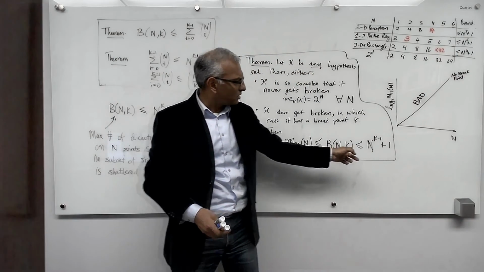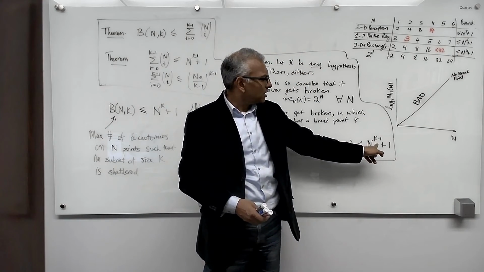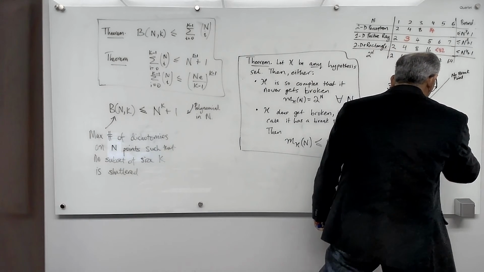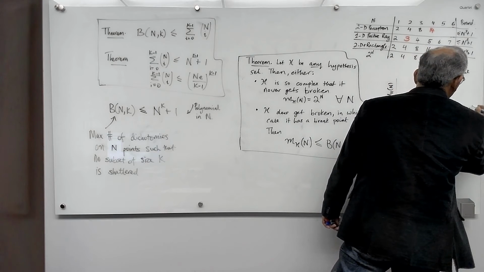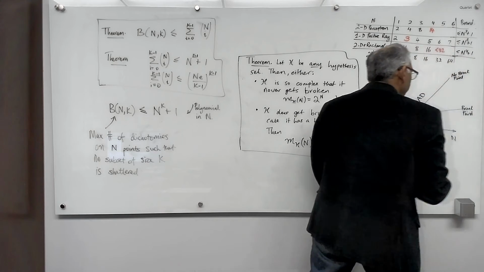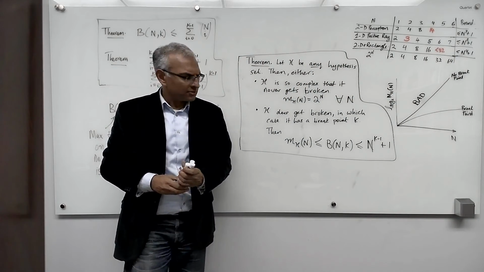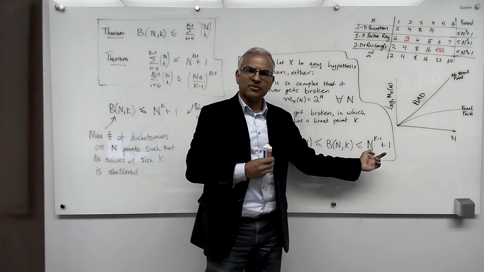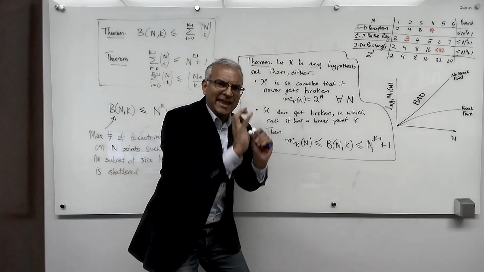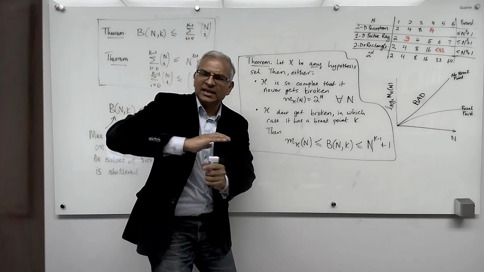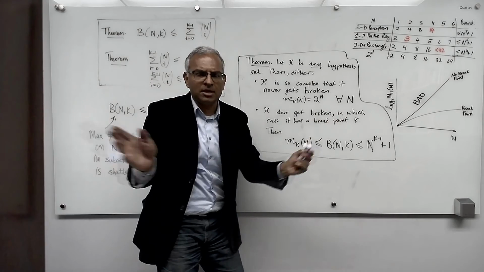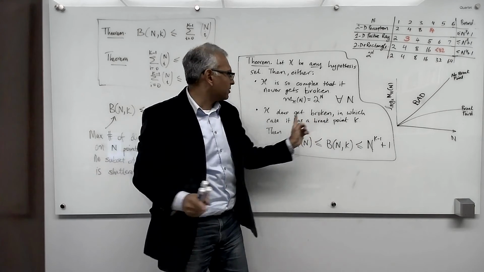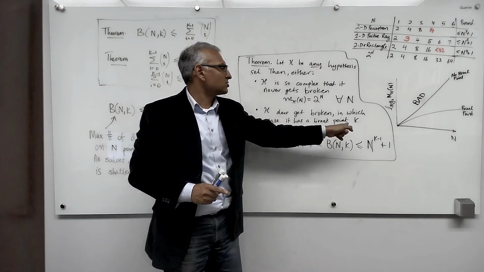In this case, when you take the log of the growth function, it's at most a constant k times the log of n. That's the breakpoint case. So, two interesting things. This logarithmic behavior is the same bound for any hypothesis set, coming from different domains, different problems, as long as it has a breakpoint k.